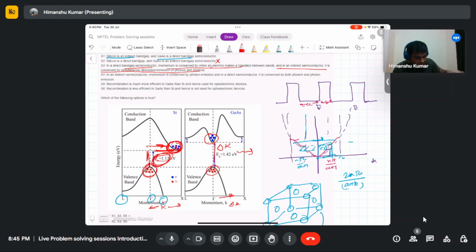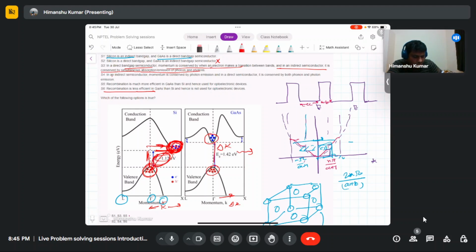So the electron transition from conduction band to valence band with emission is very unlikely. It does not mean that it does not happen. It happens through a phonon-mediated process, but the probability of that emission is very small, so it is a very inefficient emission. We can assume that it does not happen at all. So the recombination is less efficient.